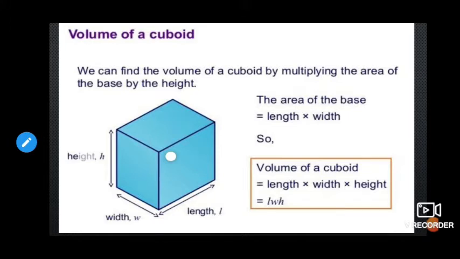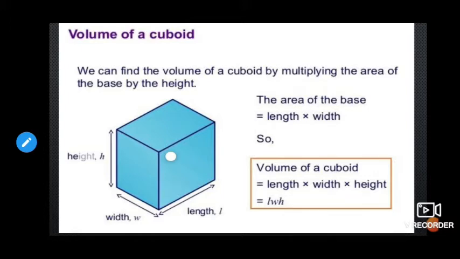Now we will see different solids and how we can find the volume of each. The first one is the cuboid. A cuboid has a different length, width and height. The area of the base will be length into breadth.